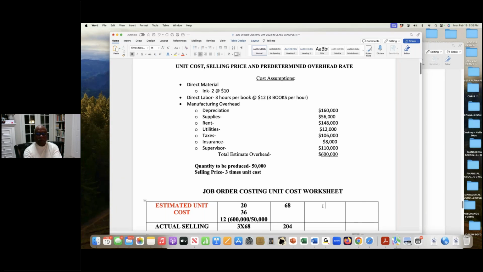Okay? But what is the labor cost going to be now? $4. How did we get $4? Divide 12 by 3. So whenever we can make more than one in an hour, we divide. If it takes more than an hour to make it, we multiply. So we take the 12, divide by 3, and now our labor cost is $4.